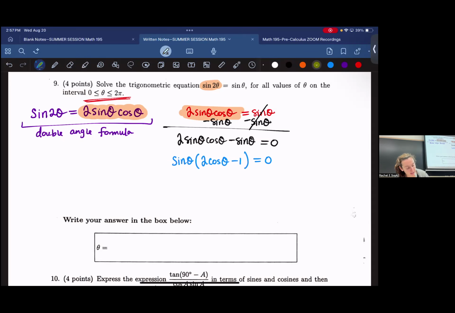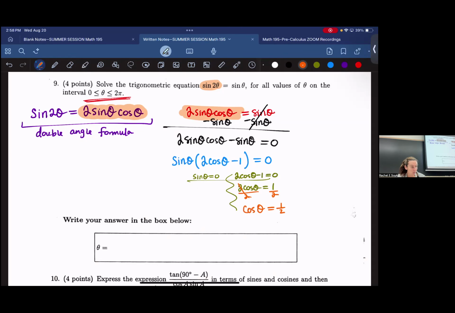Now we can set these factors equal to 0. So we have sine theta equal to 0, and 2 cosine theta minus 1 equal to 0. With 2 cosine theta minus 1, if we add 1 to both sides and then divide both sides by 2, we're looking at cosine theta equal to positive 1/2.